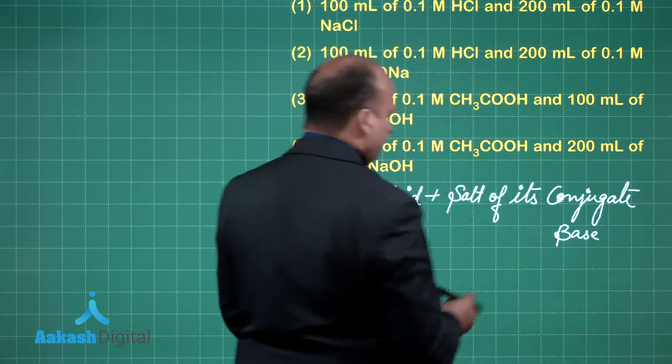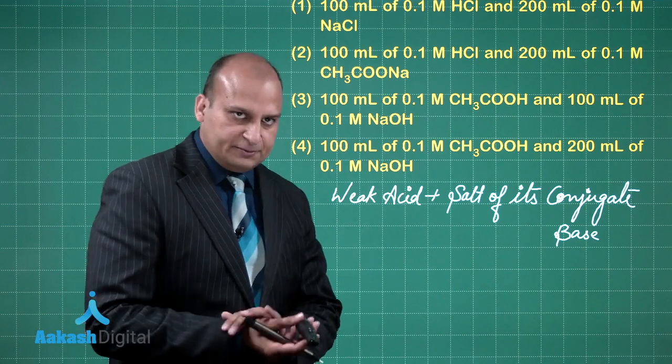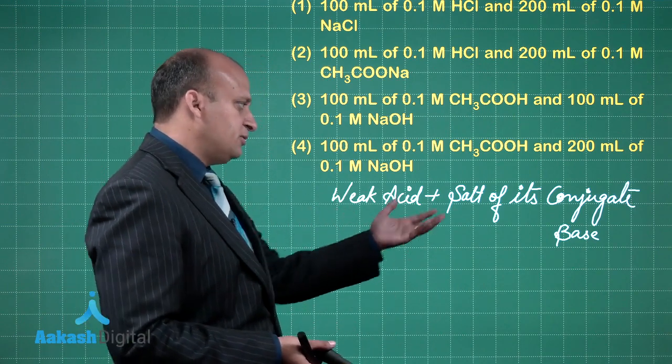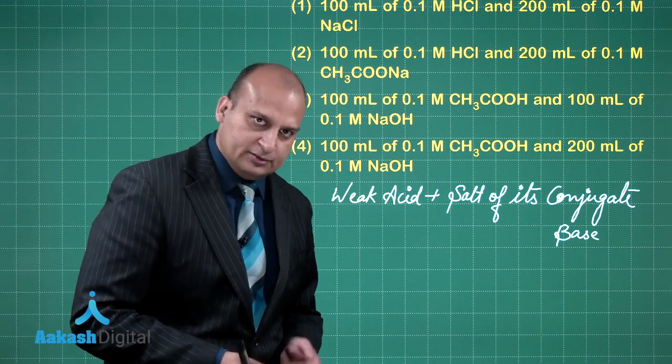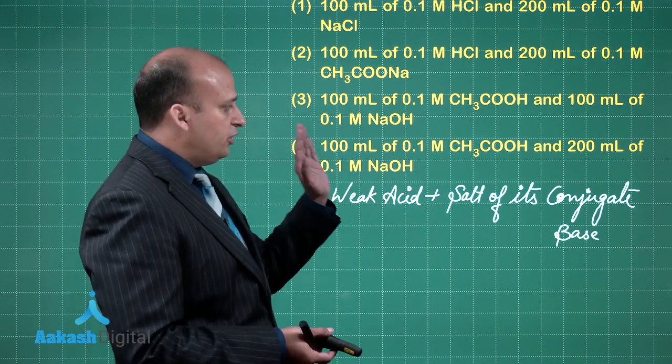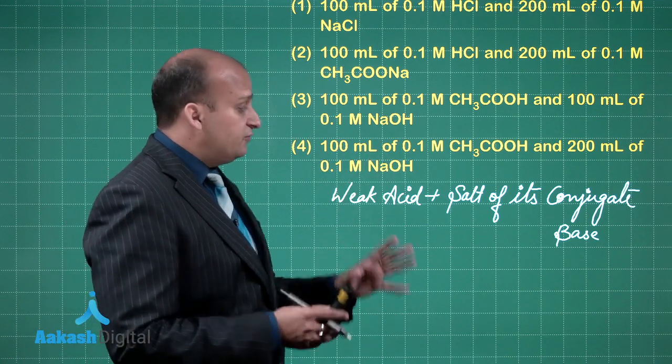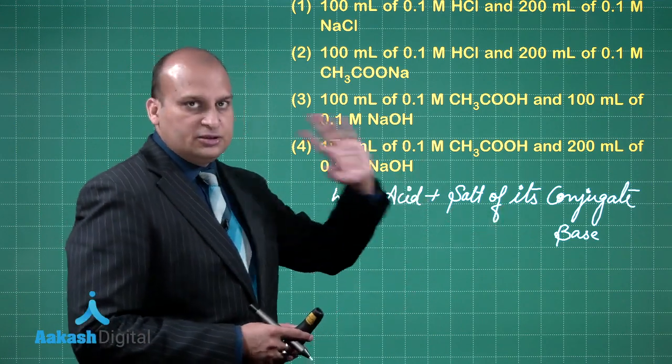This mixture will give you the acidic buffer. If you want to make a basic buffer, it should be weak base plus salt of its conjugate acid. Okay. Now you have to check. Don't go on to the values first of all. First of all, check in which case you are going to get this mixture.